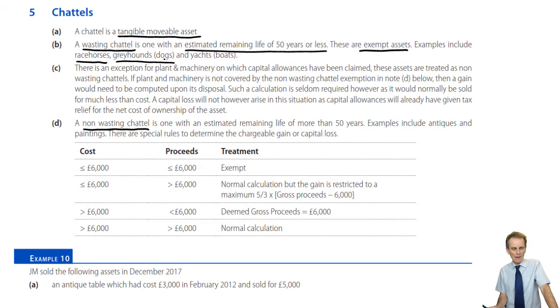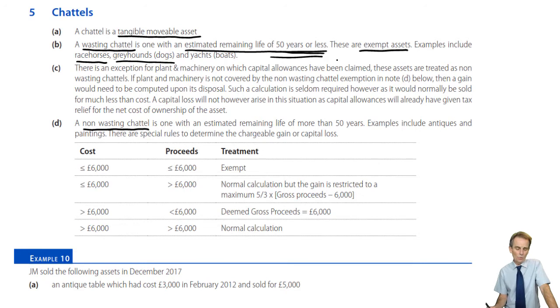So wasting chattels are exempt. The idea being that if it is wasting, as you get ever closer to the end of the life of that particular wasting chattel, whatever life that might be, given the definition of a life of 50 years or less, its value is going to go down.